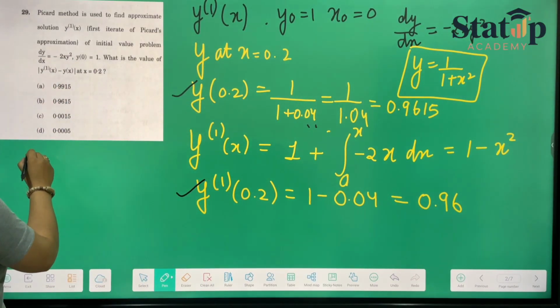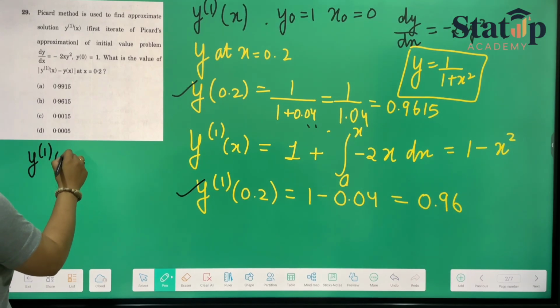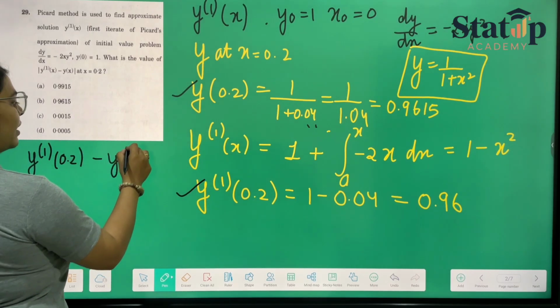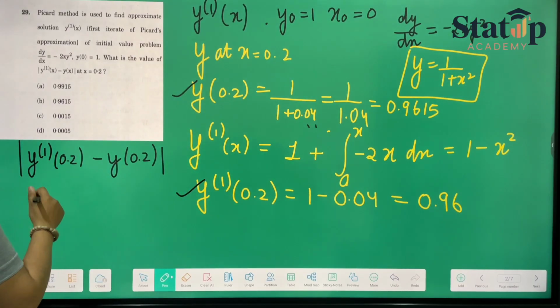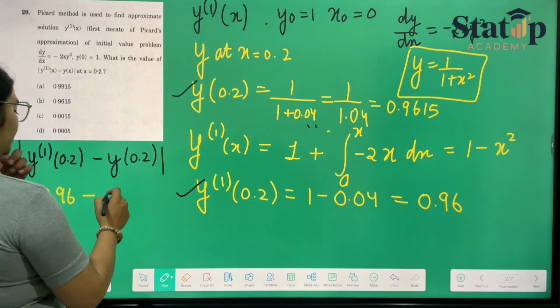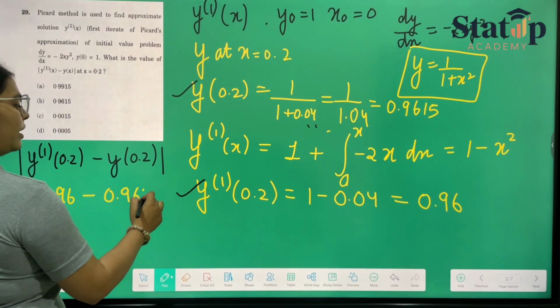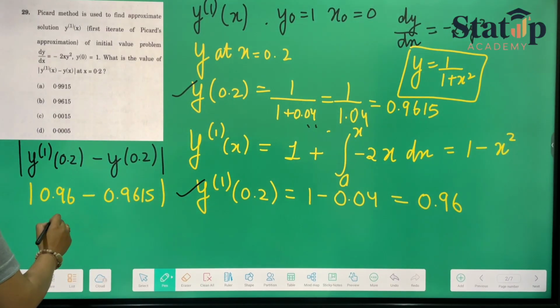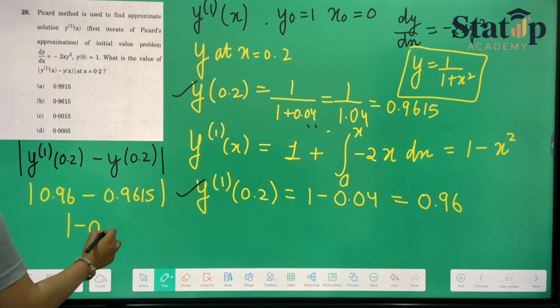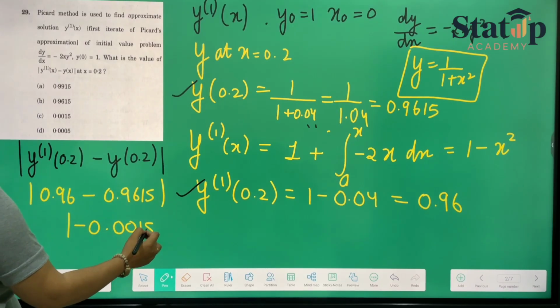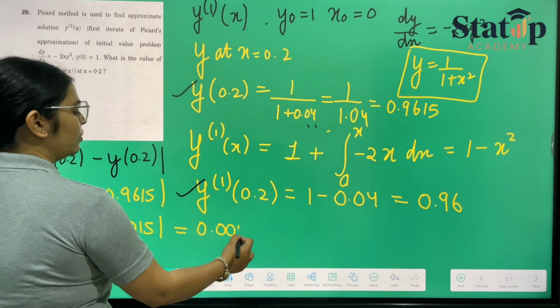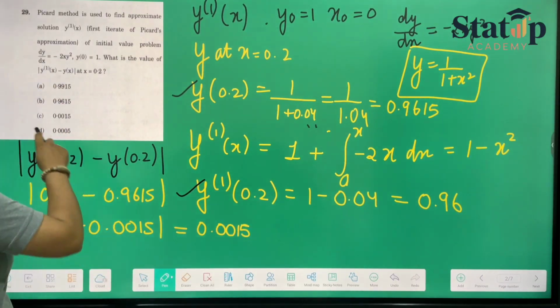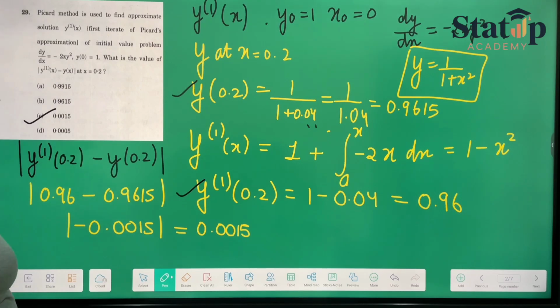So it will be |y(1.2) minus y(0.2)| in modulus. y(1.2) is nothing but 0.96 minus y(0.2), which is 0.9615. When we subtract both of them, we will be getting our answer as minus 0.0015. And out of the modulus, it will be 0.0015 with a positive sign, which is our option number C.